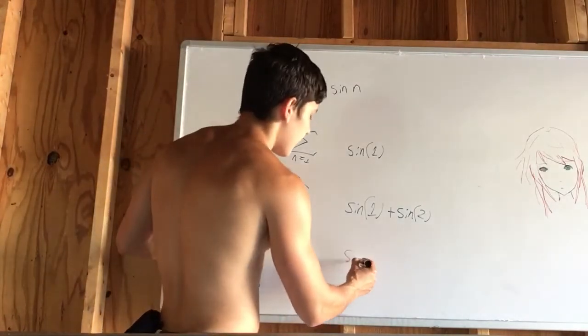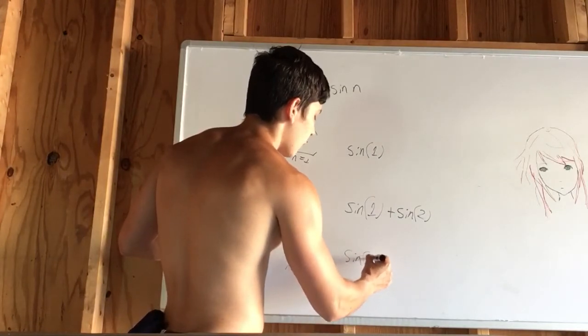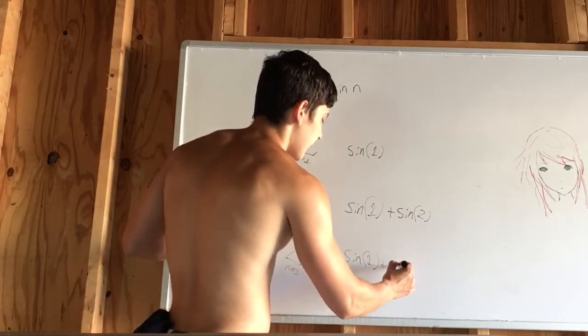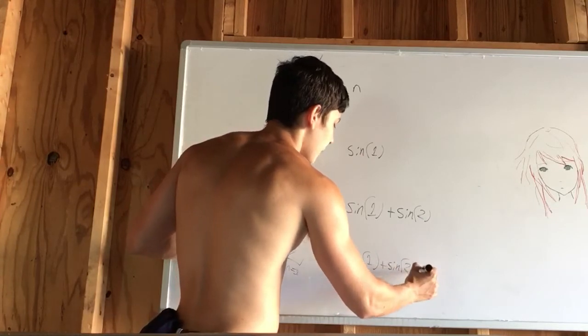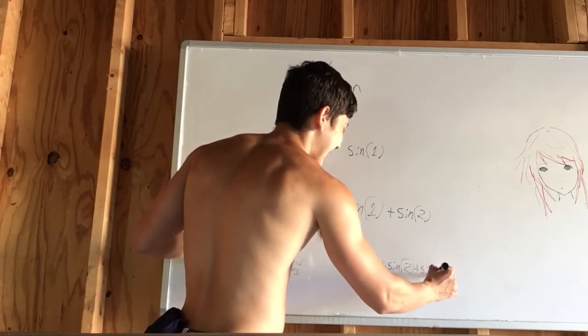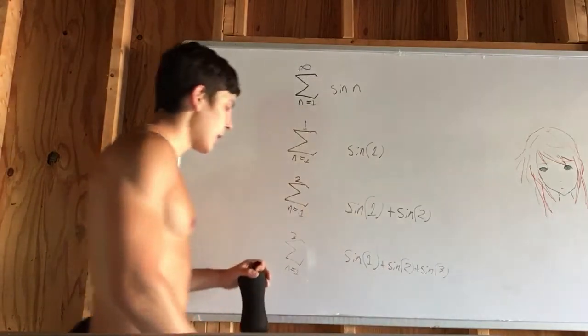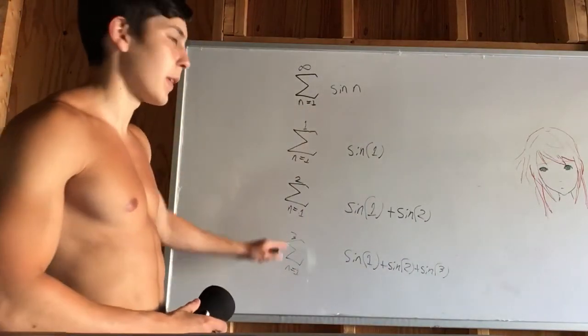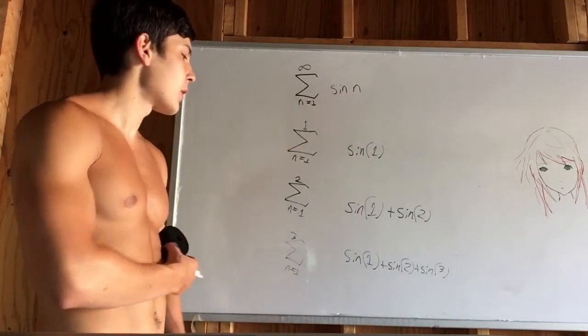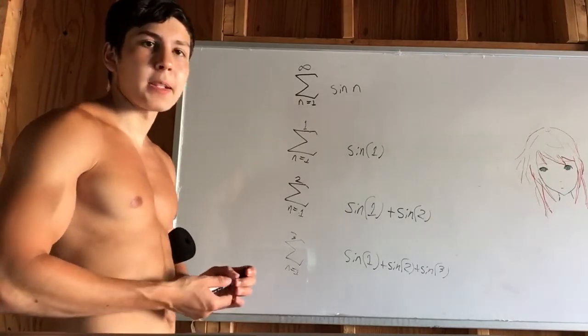And so this would be sine of 1 plus sine of 2 plus sine of 3. And we would keep plugging in numbers up here at which we end. So we would go to sine 4, sine 5.